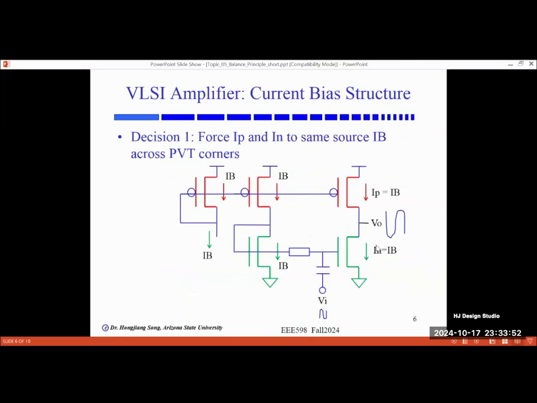In this circuitry, we have a P-set current mirror to ensure all the branch currents are the same and tracking external reference IB. At the same time, we use an N-set current mirror to make sure all the branch currents are tracking this IB also. By doing this, we are ensuring the currents of the amplifier PMOS and NMOS are tracking the external reference independent of PVT corner.